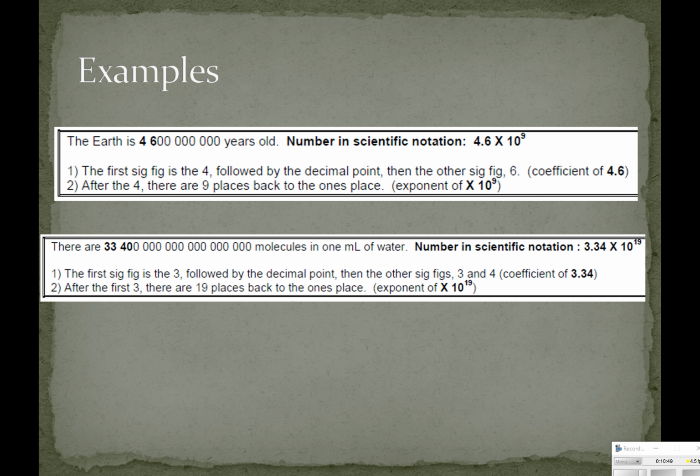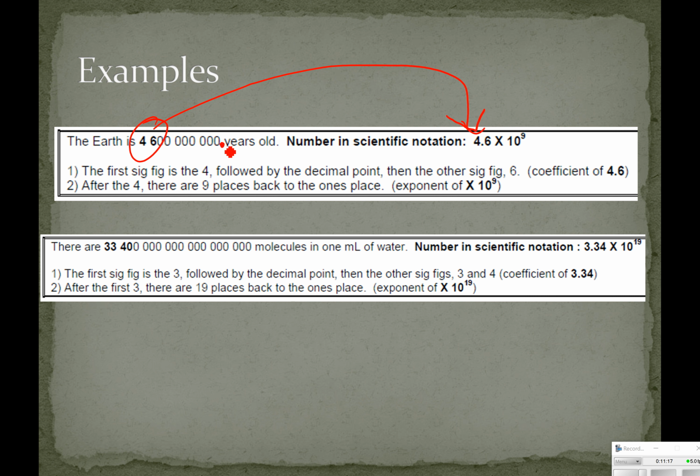So we'll try a couple examples here, some with some large and some with some small numbers. The Earth is 4,600,000,000 years old. Okay, well, in this number, we have 2 significant figures, the 4 and the 6. And that's going to get added into the first part of our notation, the 4.6. We then count.